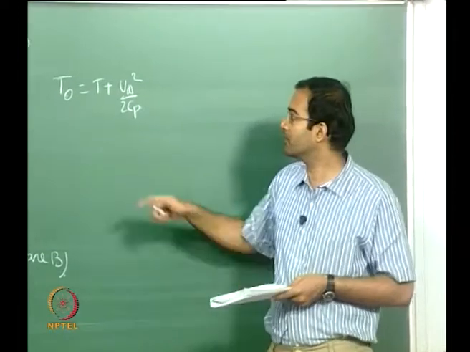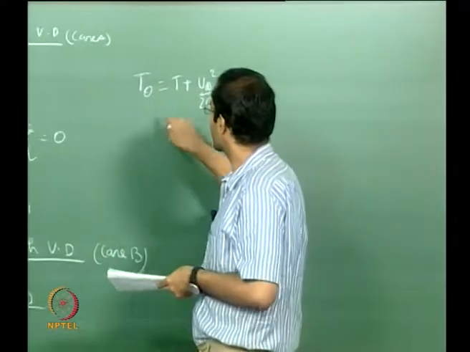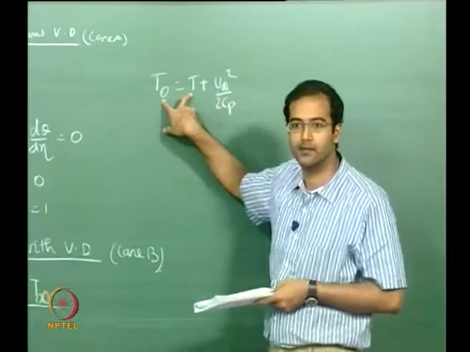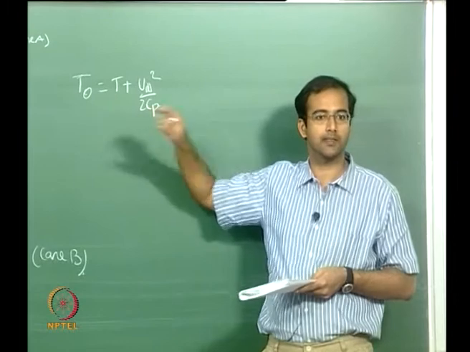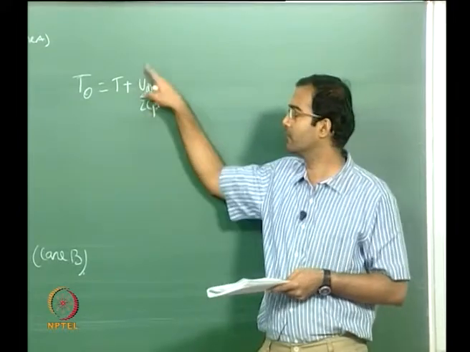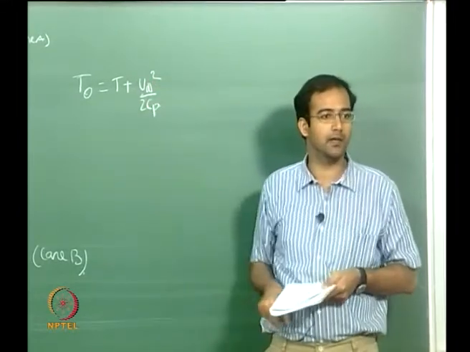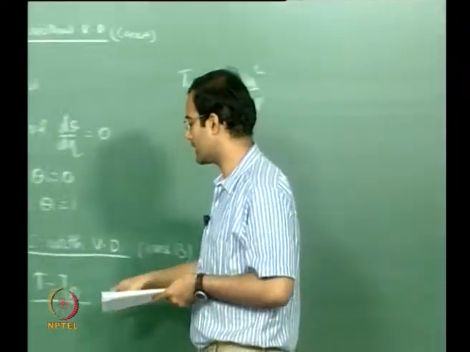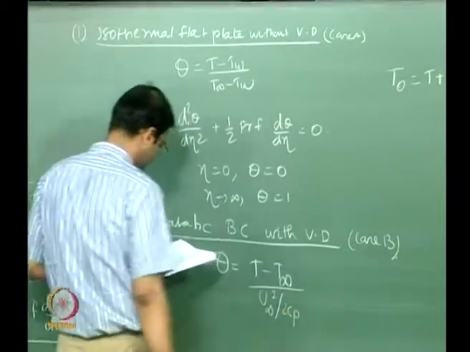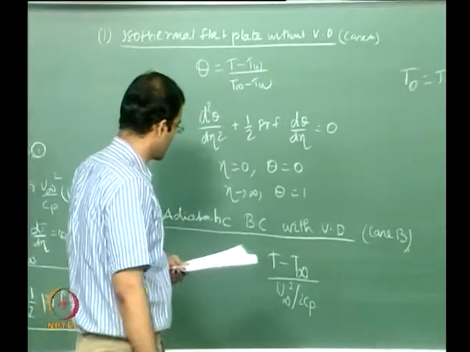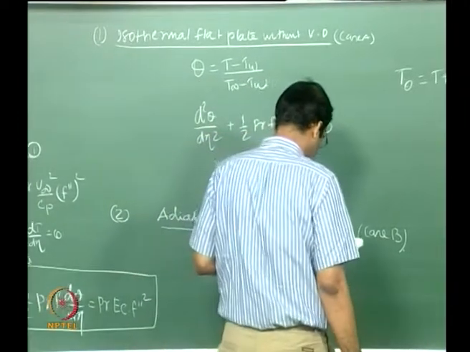So I am going to call my delta T, which is T naught minus T, and the dimensionless quantity will be something like U infinity square by 2 Cp. So this is the delta T that I am going to use to scale my theta.